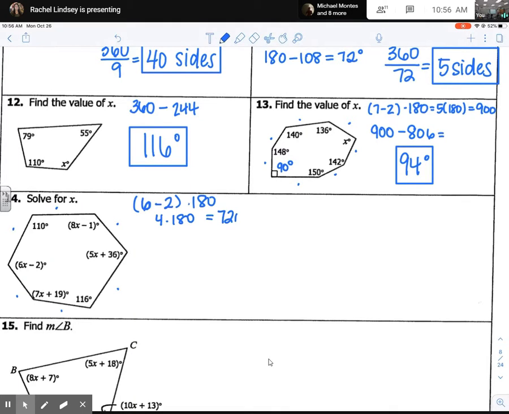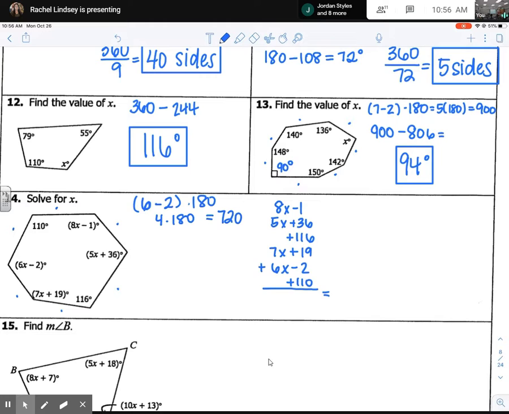So all of those angles add to equal 720. You can write it all out if you want to: 8x minus 1 plus 5x plus 36 plus 116 plus 7x plus 19 plus 6x minus 2 plus 110.